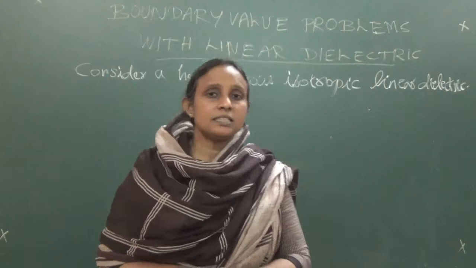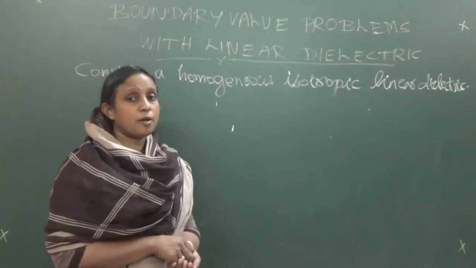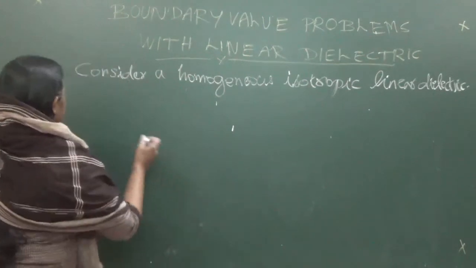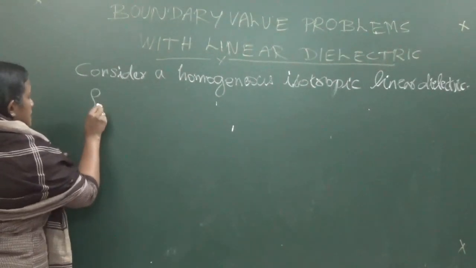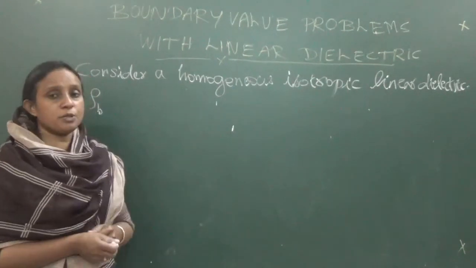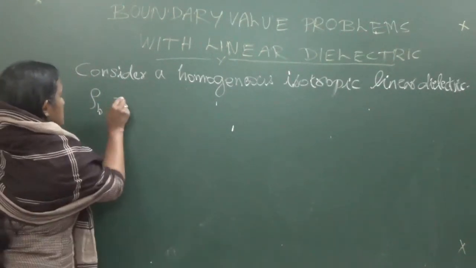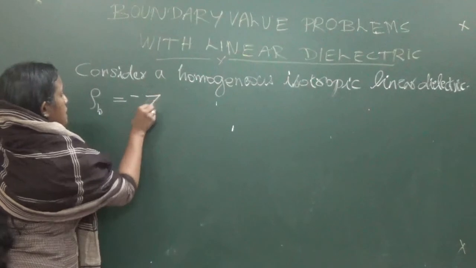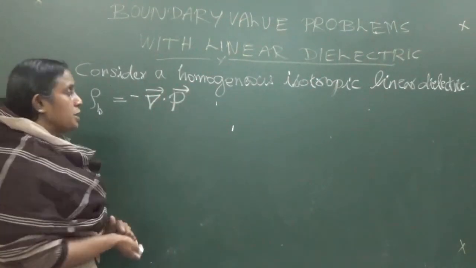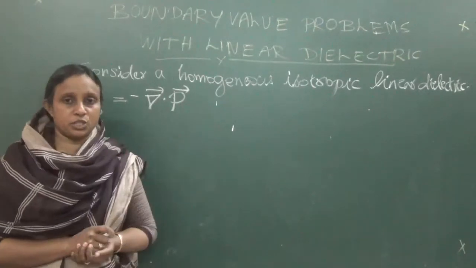We already learned about bound charge density. The bound charge density in this dielectric medium is given by minus del dot P, where P is the polarization.